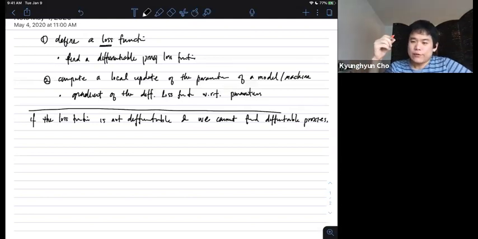In other words, finding a differentiable proxy to a non-differentiable loss function is more of an art than science. We need to think about the problem carefully, and for every non-differentiable loss function, we have to come up with a unique proxy to that. And that's not that great, right?